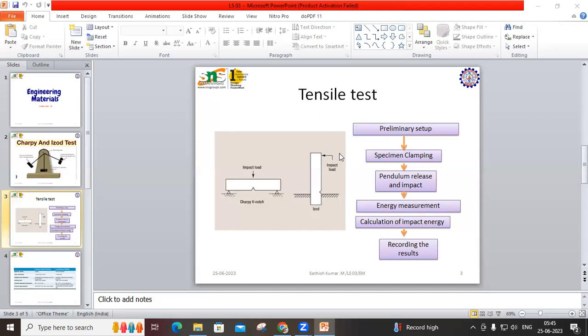The test is usually repeated multiple times with different specimens from the same material, and the average value is obtained. So the Izod test measures the material's resistance to fracture under a high-speed impact. It provides valuable information about the material's toughness, brittleness, and ability to withstand sudden impact or shocks.